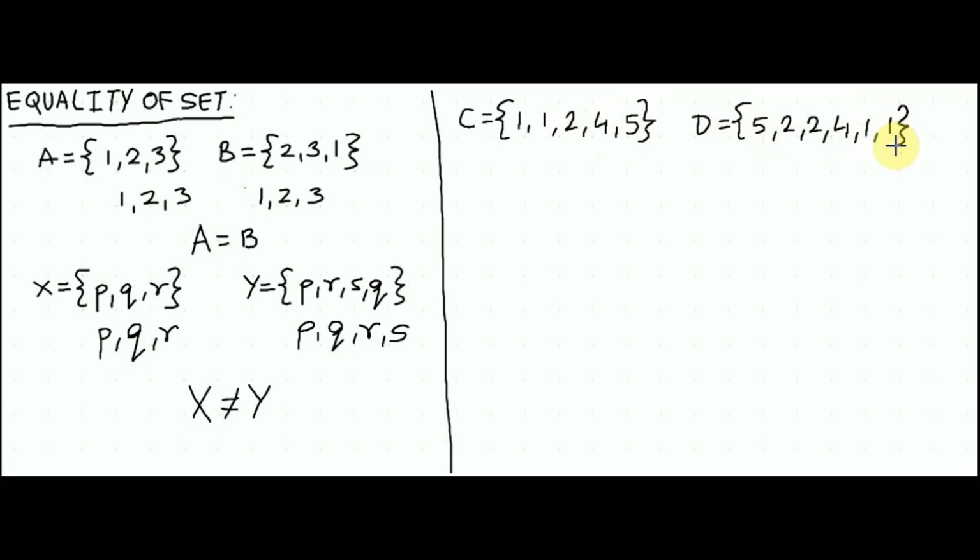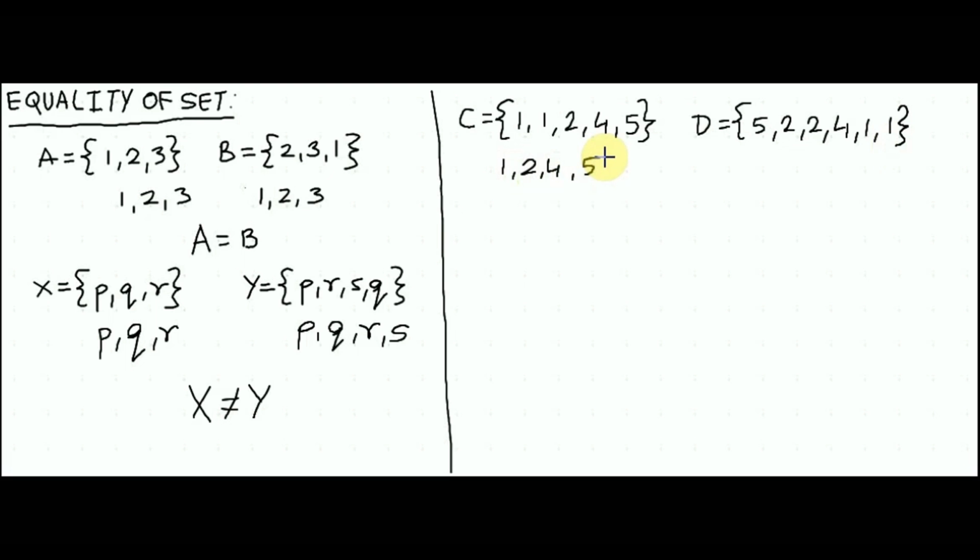So these are two different sets, and we have to find whether they are equal or not. Let's first check the elements. The elements present in set C are 1, 2, 4, 5. So these are the 4 different elements present.